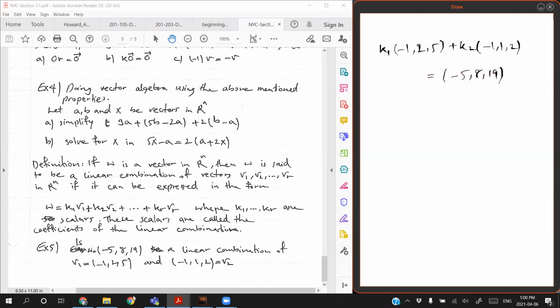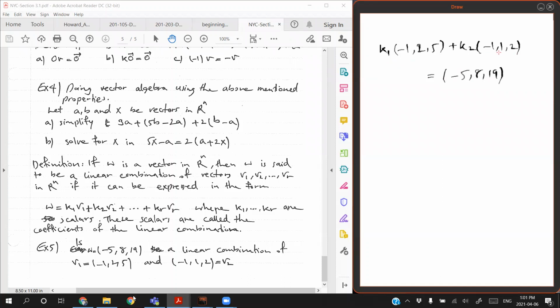So that's the question. K1 times negative 1, 2, 5 plus K2 times negative 1, 1, 2 is equal to W, which is negative 5, 8, 19. So basically, this is a linear system.